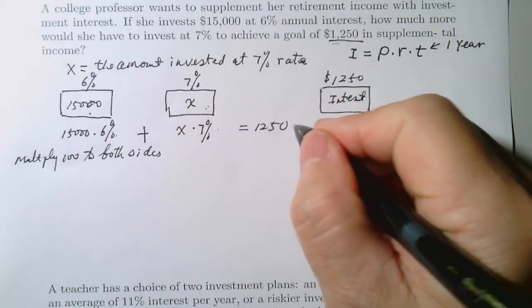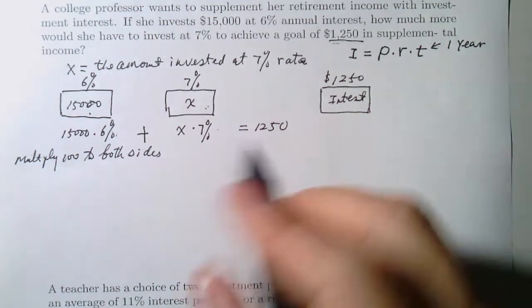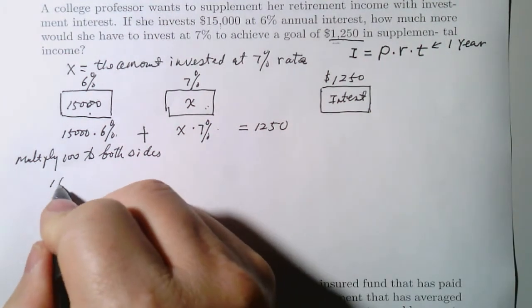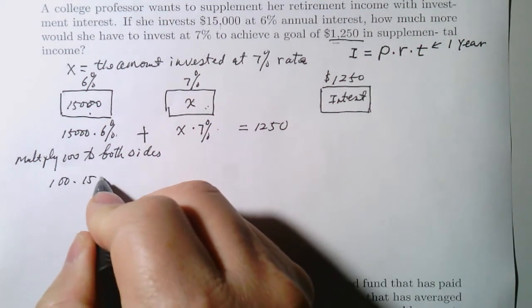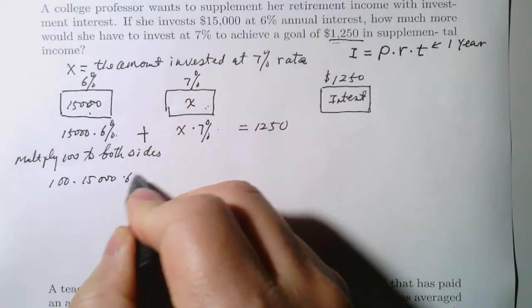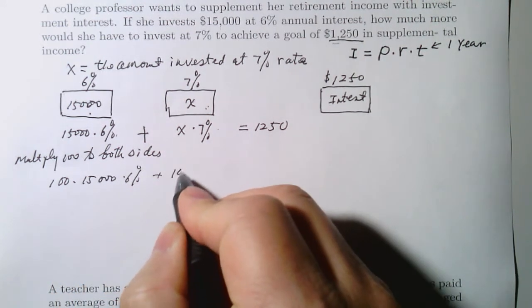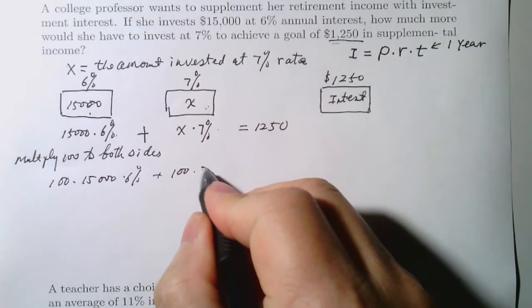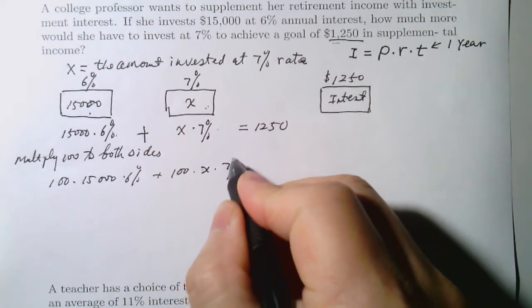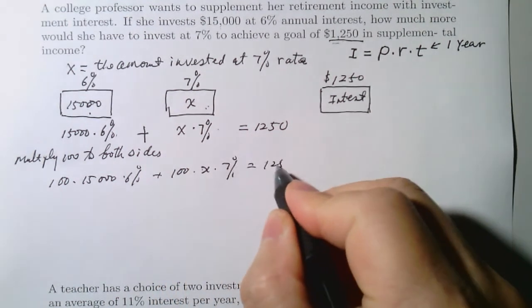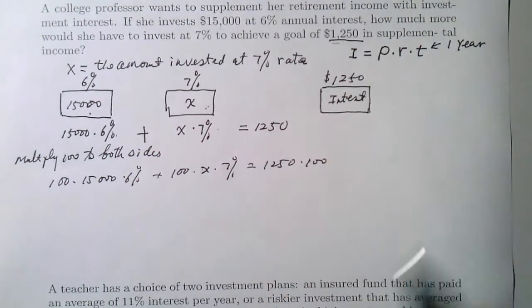On the other side, multiply 100 also. So here we're going to have 100 times 15,000 times 6% plus 100 times x times 7% equals 1250 times 100.